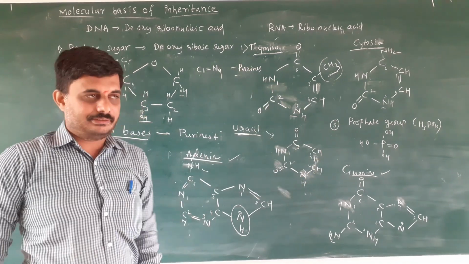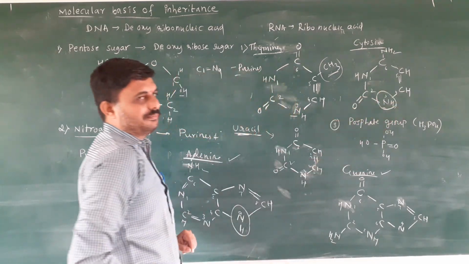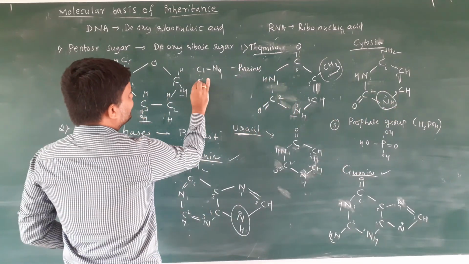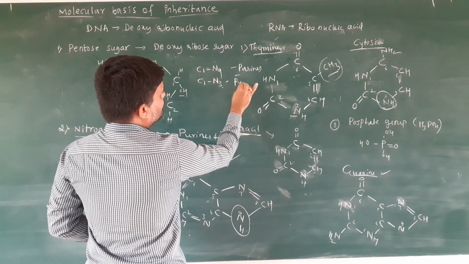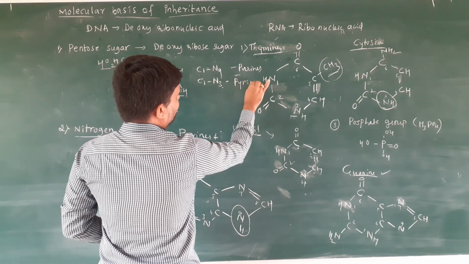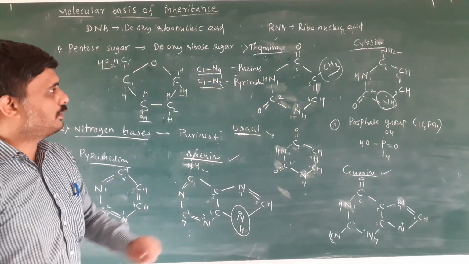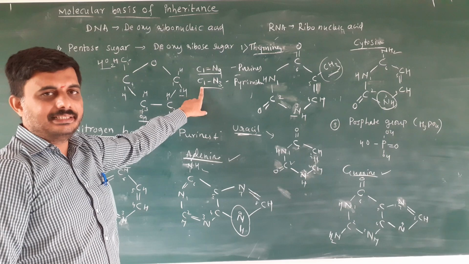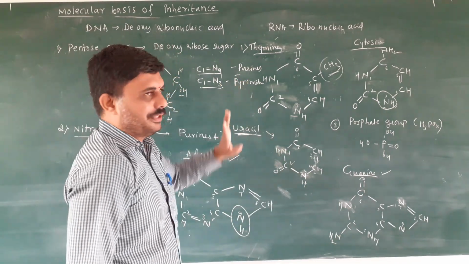Pyrimidines are attached at the 3rd nitrogen, thus it is called C1N3 glycosidic linkage in pyrimidines.